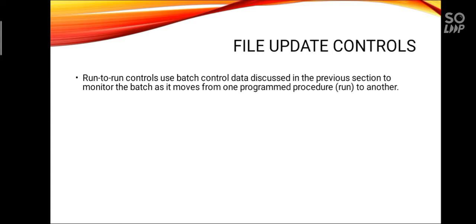File update controls. Run-to-run controls use batch control data discussed in the previous section to monitor the batch as it moves from one program procedure to another. Like I said earlier, the batch control is checked every time, because once there is a discrepancy or a change in the record, it may indicate that a record was lost in processing, a record in a batch went unprocessed, or a record was processed more than once.